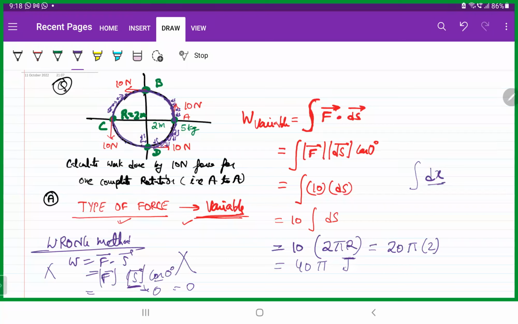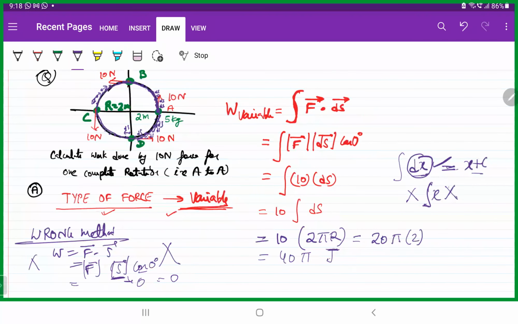If someone writes integration x directly, it has no meaning. Integration dx should be there at least, because if d is there, a small element is there. When we say integration of dx, we are adding an infinite number of dx, so it will come as x. Of course, the indefinite integration constant c will also come in that case, but x will come as the value. Directly, integration of 2 pi r has no meaning.